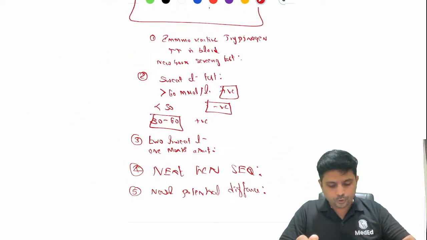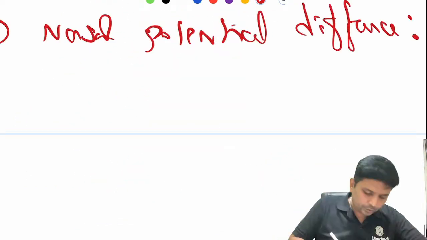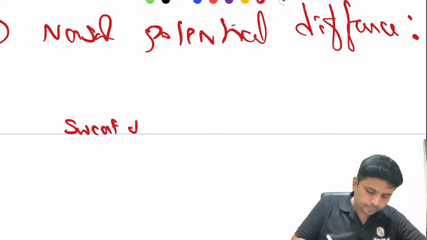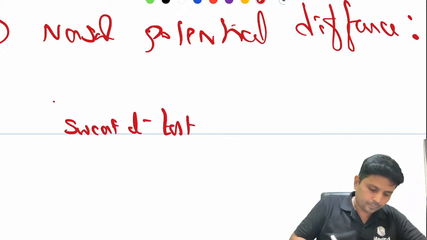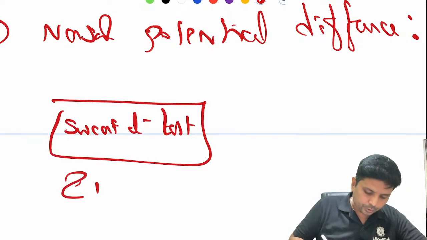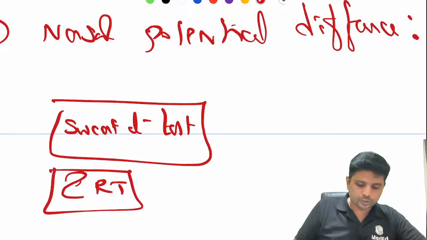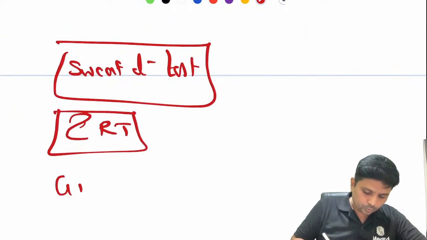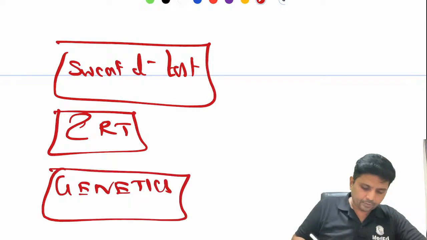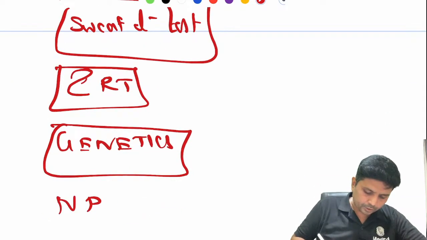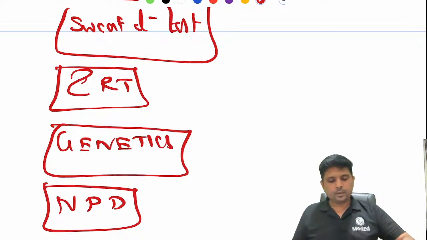For you, what you need to know: you need to know sweat chloride test, you need to know immunoreactive trypsinogen, you need to know genetics.